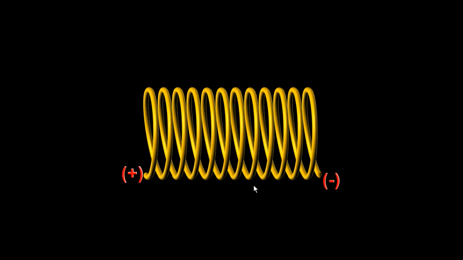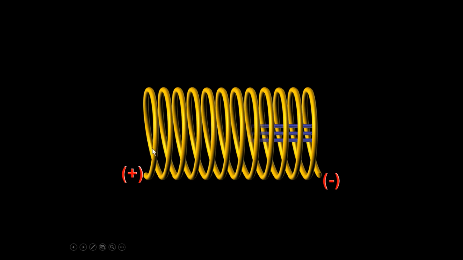So if I had this end of a coil attached to a positive power supply and this to the negative side of that, current is going to be going through this wire like this, and as current goes through there's a magnetic field around each charge. The magnetic field is described by that first right-hand rule we talked about yesterday.